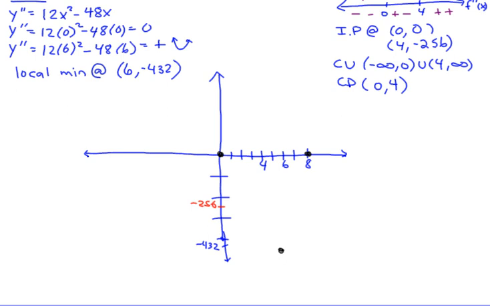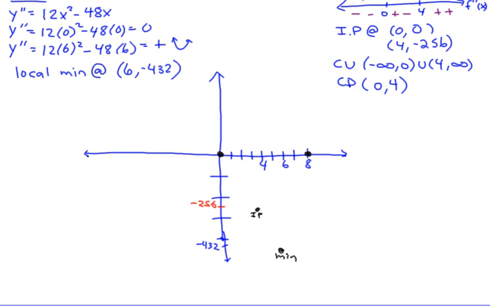Inflection point is 4 and negative 256. So I'm going to label that as inflection point. This is a min. Okay, so we also know the concavity. So from 0 to 4, concave up or down? Down. So this is concave down.